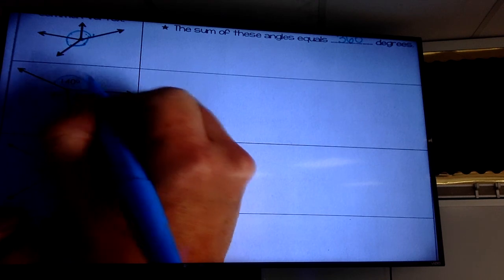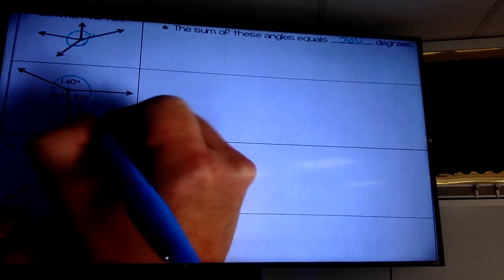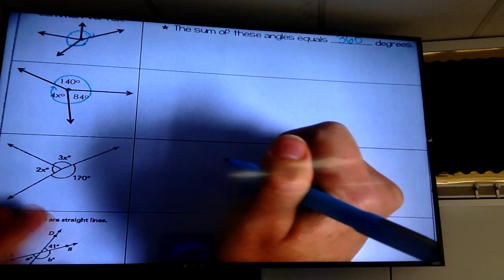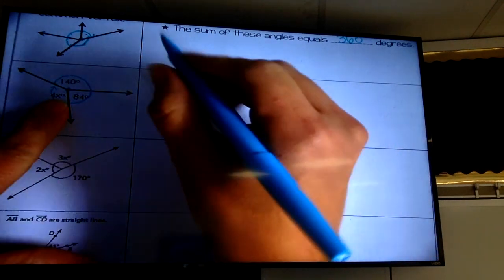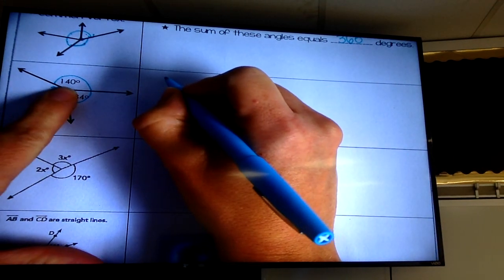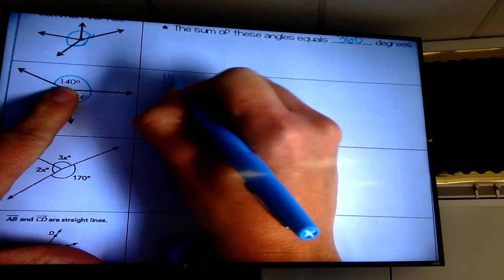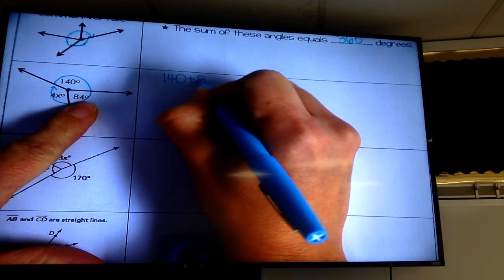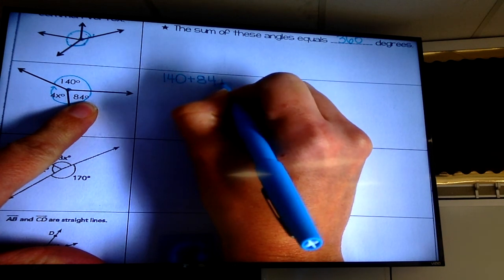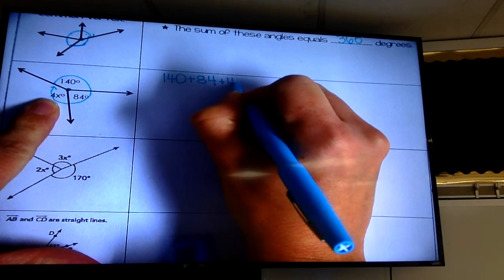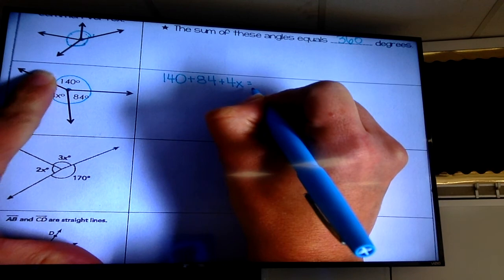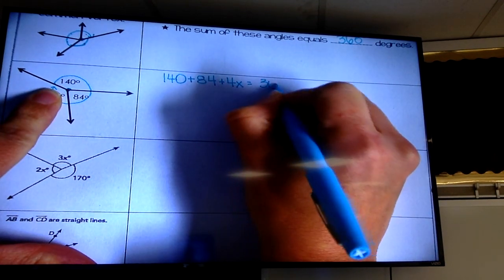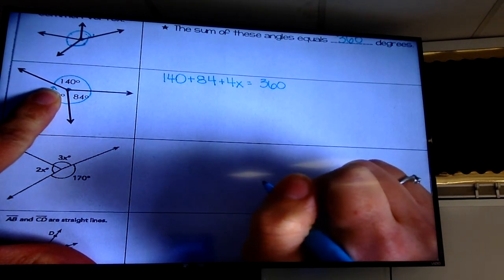So if I add all of these angles together, it forms a circle, or 360 degrees. To figure out x, I could say this angle is 140 degrees, plus this angle, 84 degrees, plus this angle, 4x, and all together they form a circle of 360 degrees.